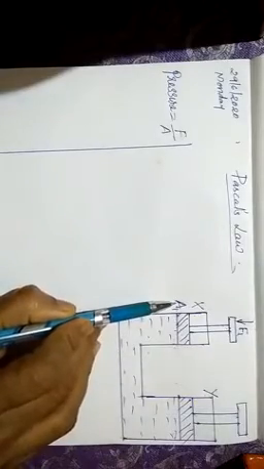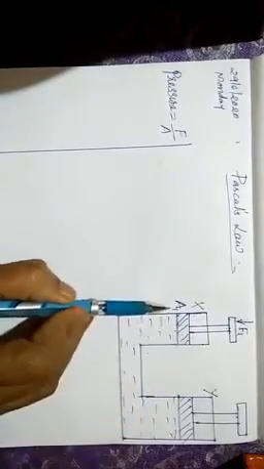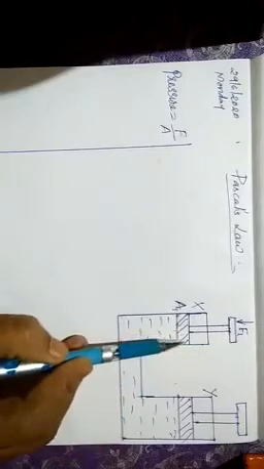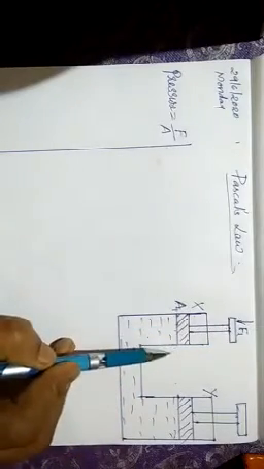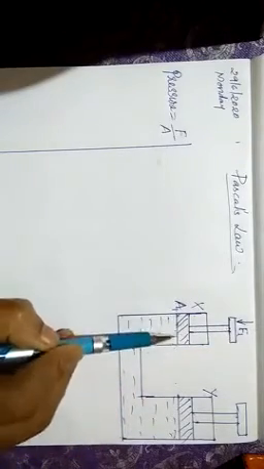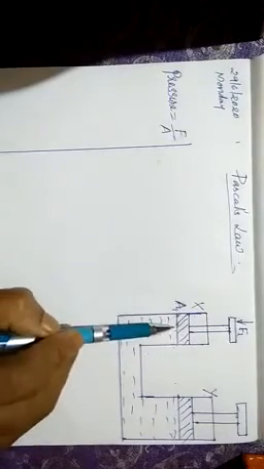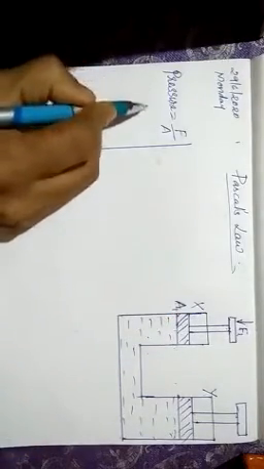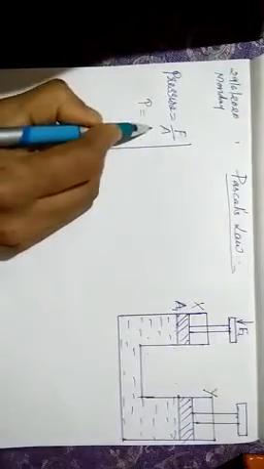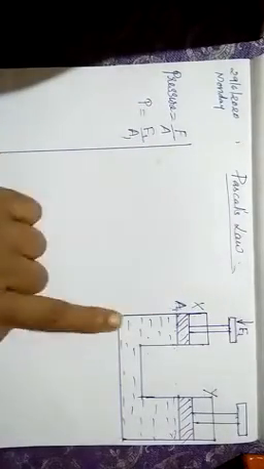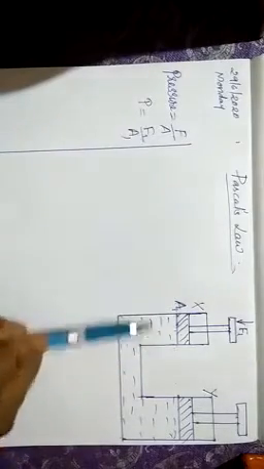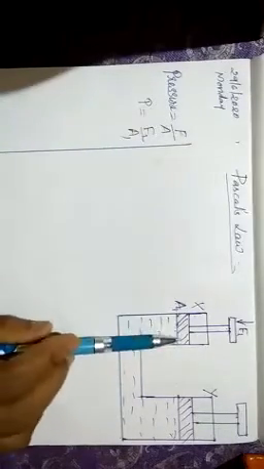The ratio F1 by A1, that is the perpendicular downward force per unit area, will be the pressure applied on the surface at X. So pressure P is equal to F1 by A1, acting on the side X, the surface of the smaller tube.